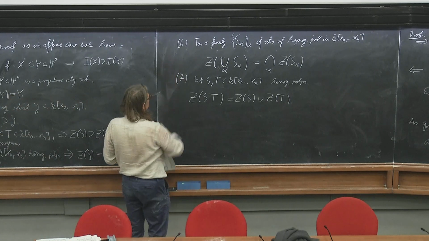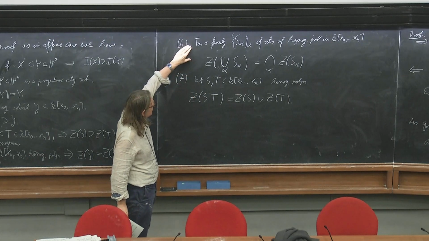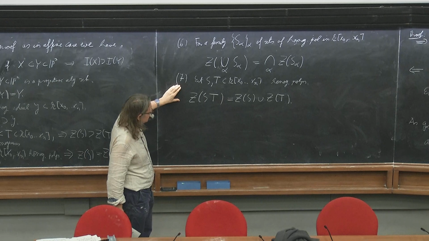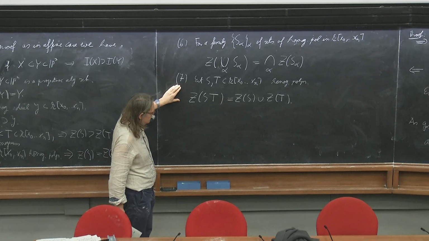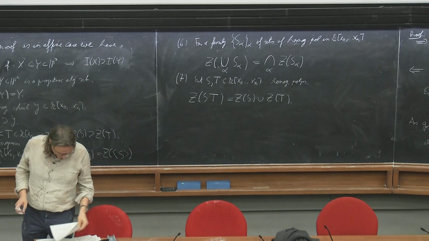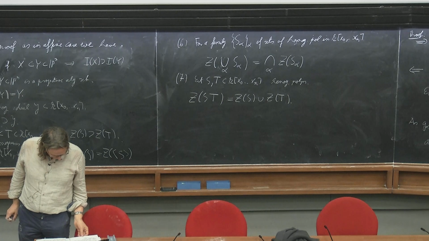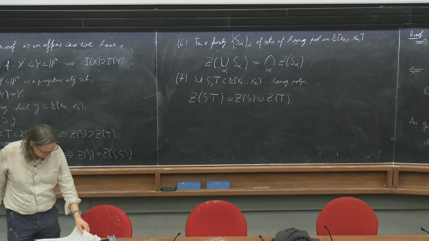So the last two say that arbitrary intersections and finite unions of projective algebraic sets are projective algebraic sets. And so this allows us to define the Zariski topology.